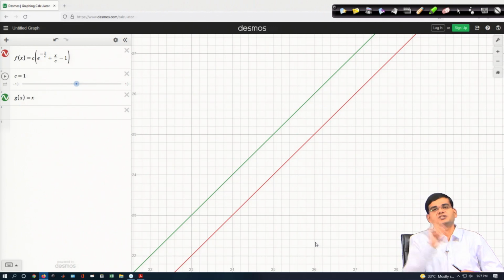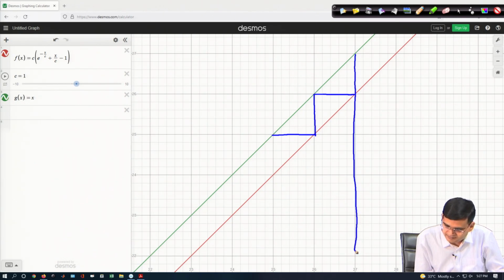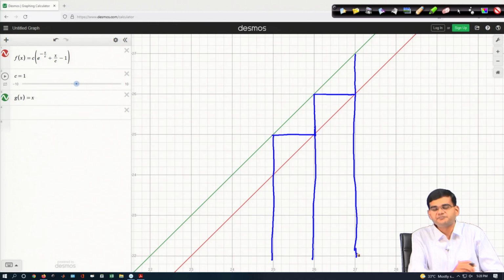Green is your forcing function, red is your response, and if you drop any 2 verticals they would be exactly equally spaced.